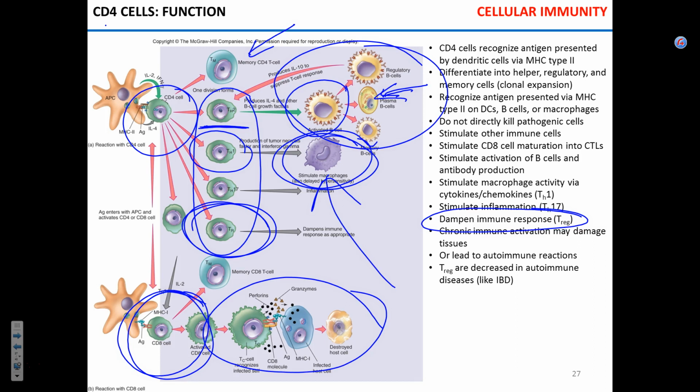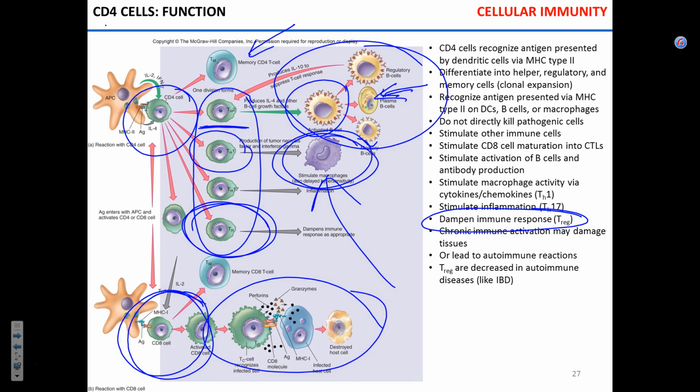And what do you think happens if T regulatory cell function is impaired, if you don't have enough Tregs or in the proper location? If your immune response just keeps on going, what kind of condition are you getting? Autoimmune disease. It was very clearly demonstrated that in inflammatory bowel disease, T regulatory cells is a hot topic.